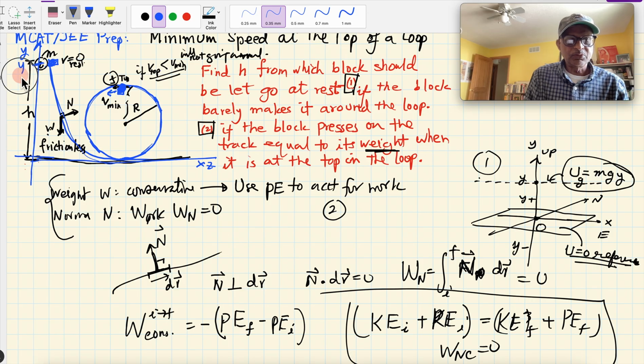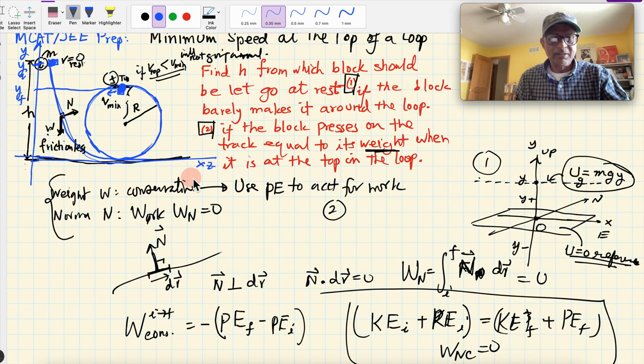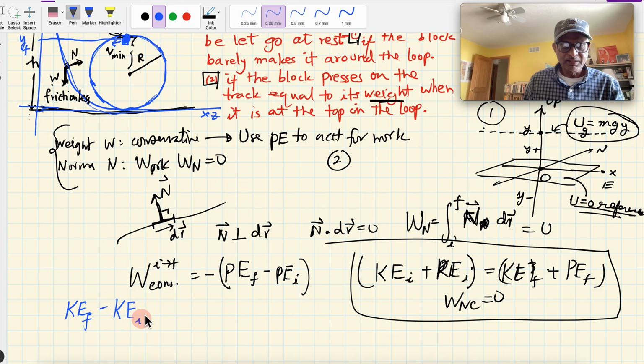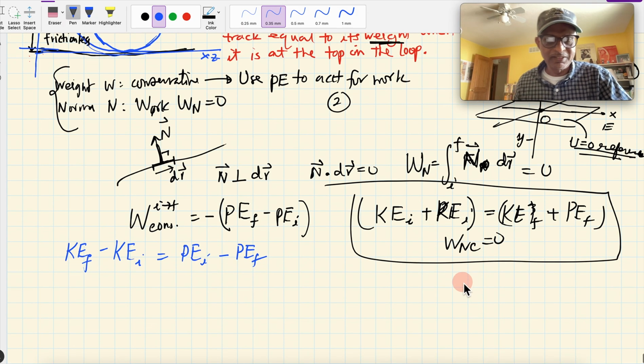So this is y initial, and this is y final. So kinetic energy final minus kinetic energy initial will be potential energy initial minus potential energy final.